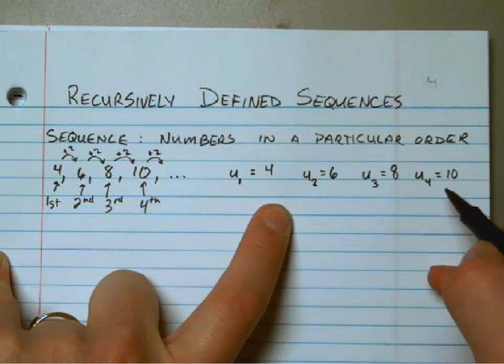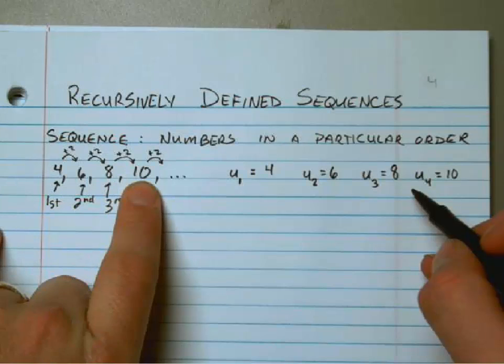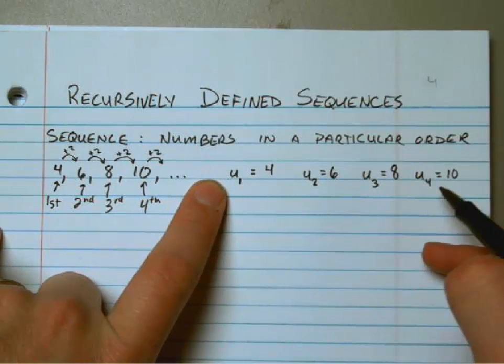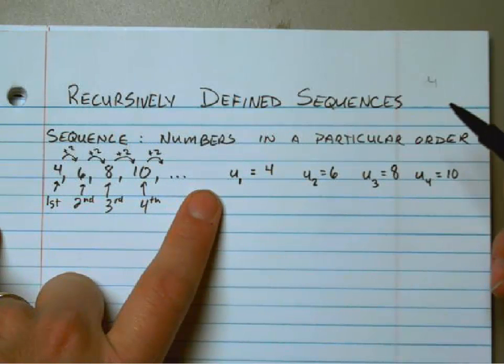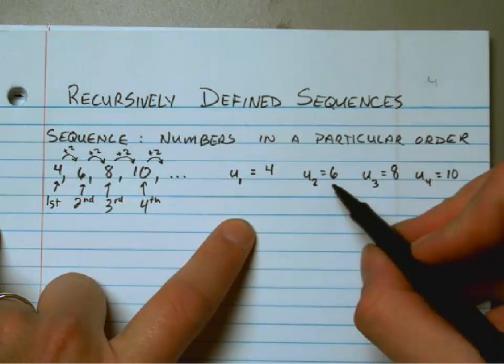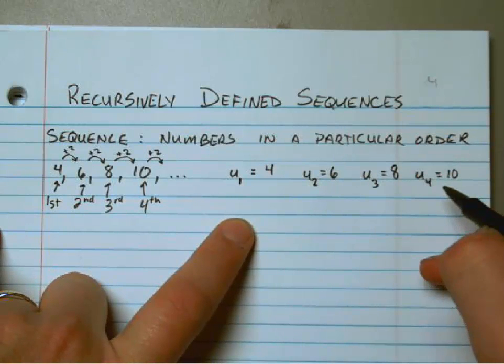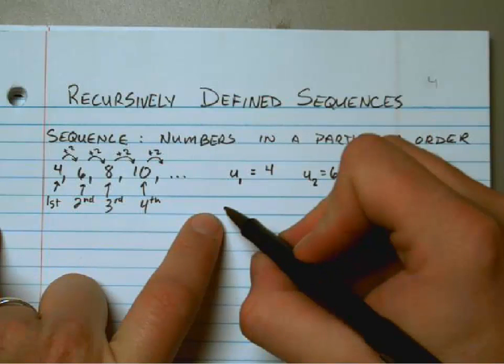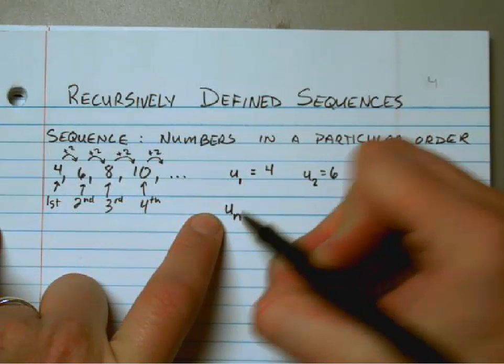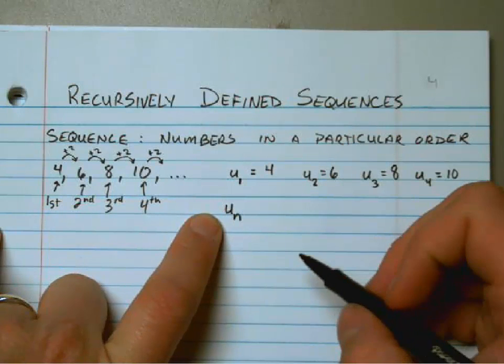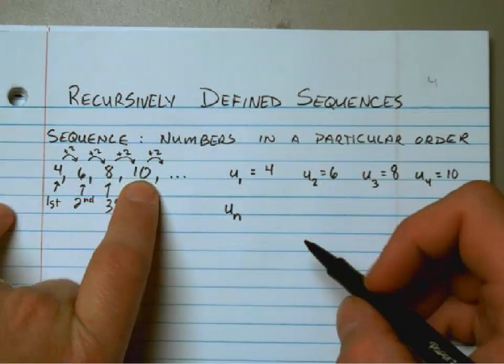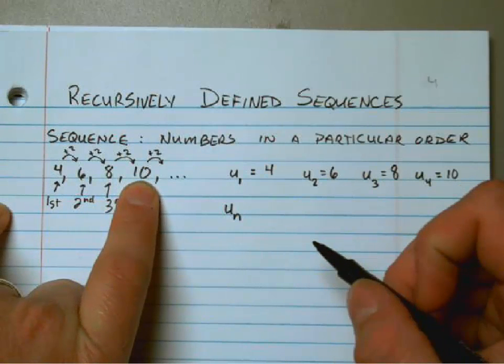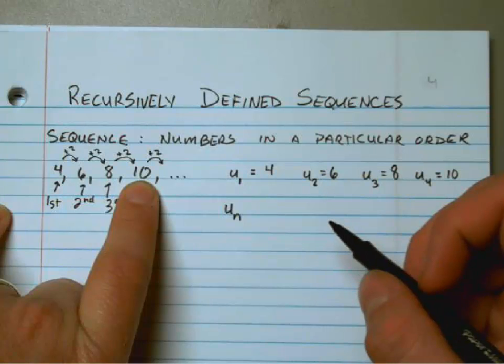Now, why would I write this? This seems like I'm just writing the same thing as the sequence, but with more stuff. We don't like doing more stuff. That's kind of a pain. Well, I write it this way because maybe I want to talk about the nth U. So I want to talk about a U here, but I don't want to specify which one. I'm just going to say it's the nth one.